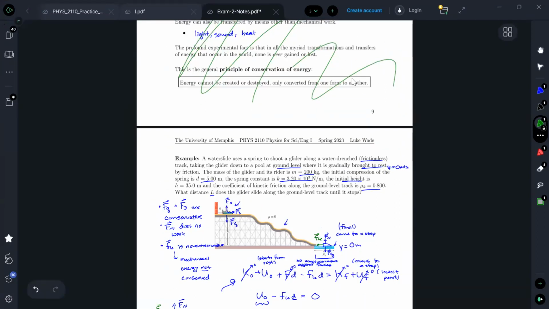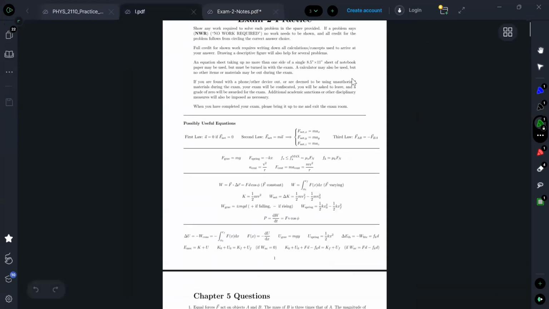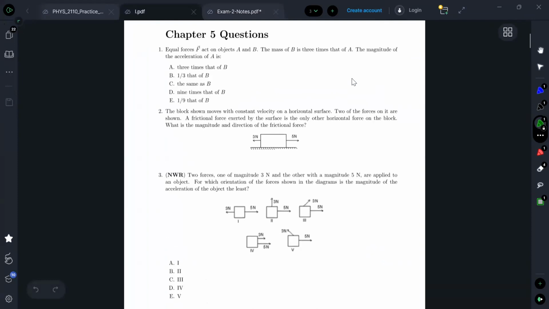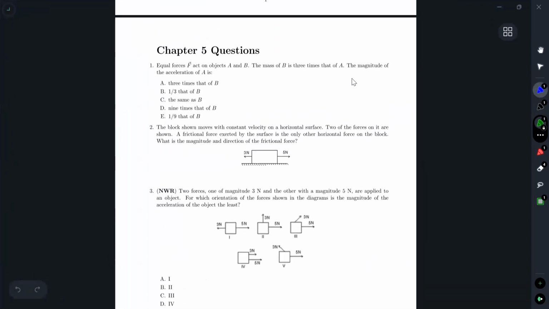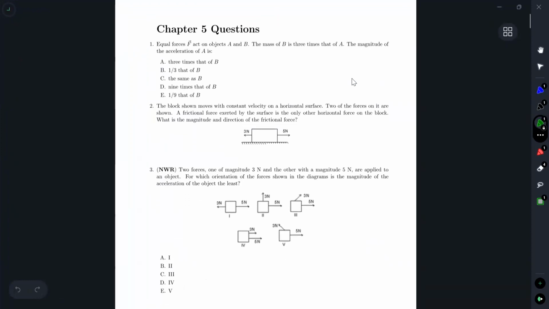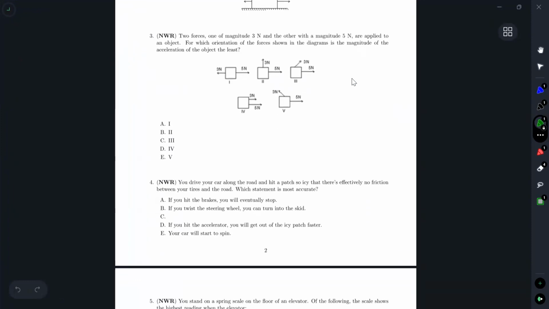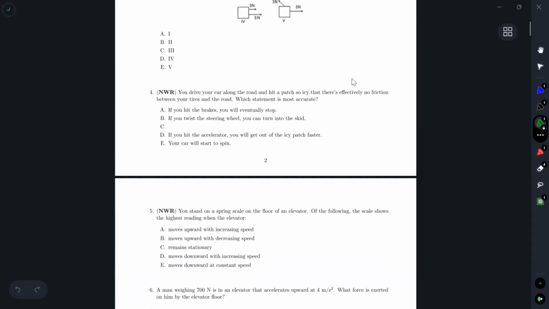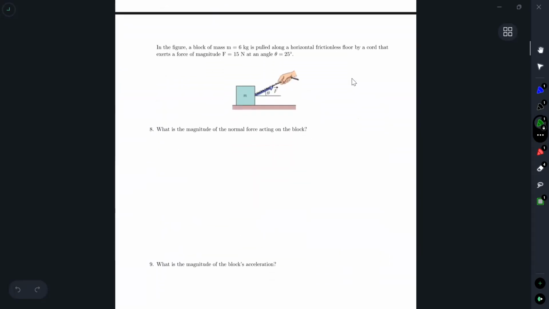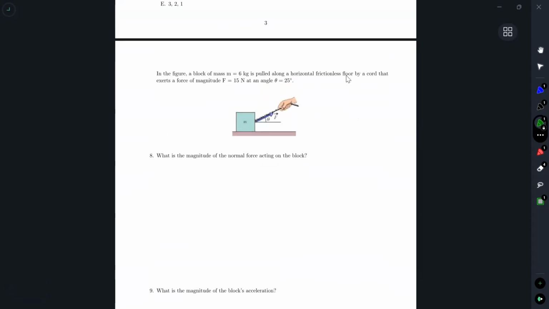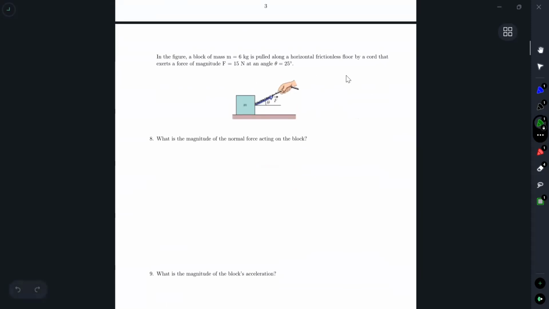If not, maybe I'll just look at a couple here. Let's see what we have. Okay. All right. Well, I'll just pick out a couple and do them for anyone who needs a few more practice problems to look at.